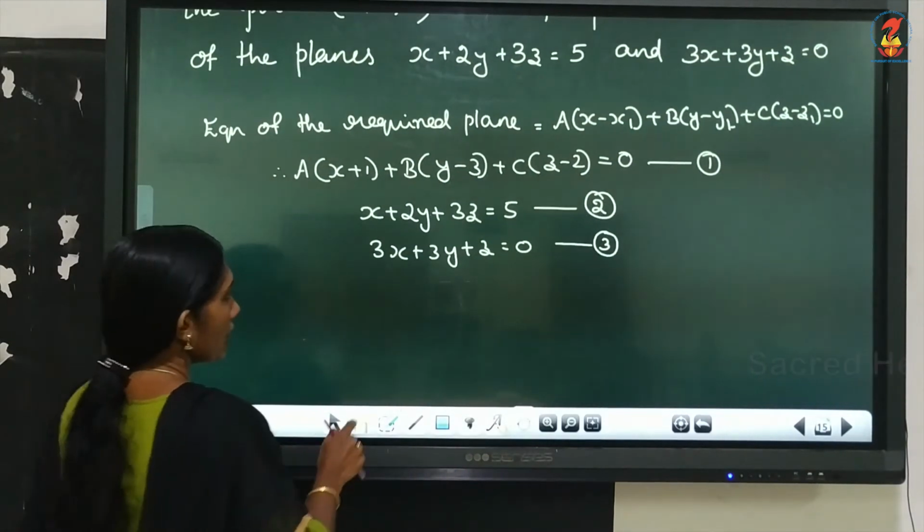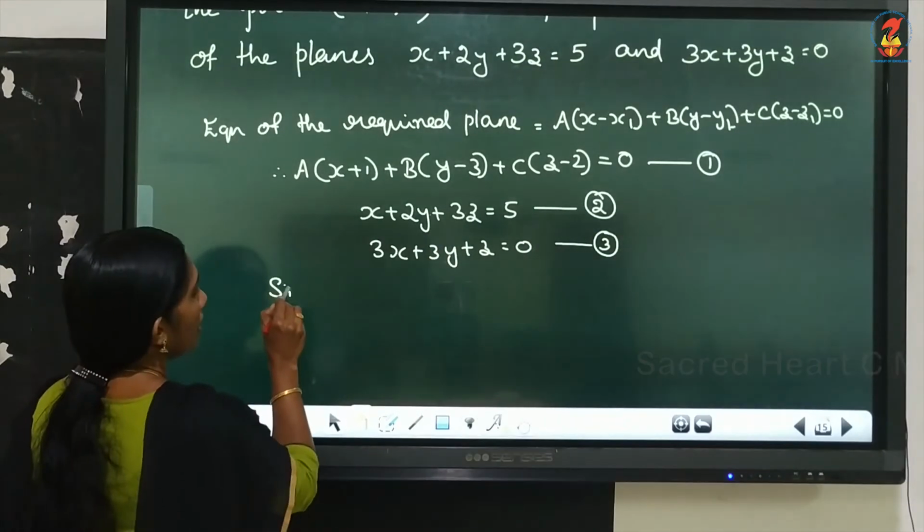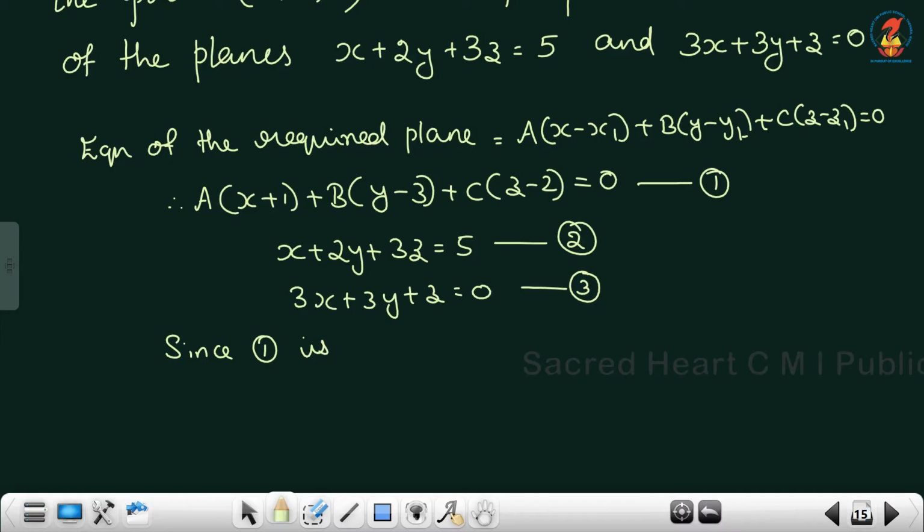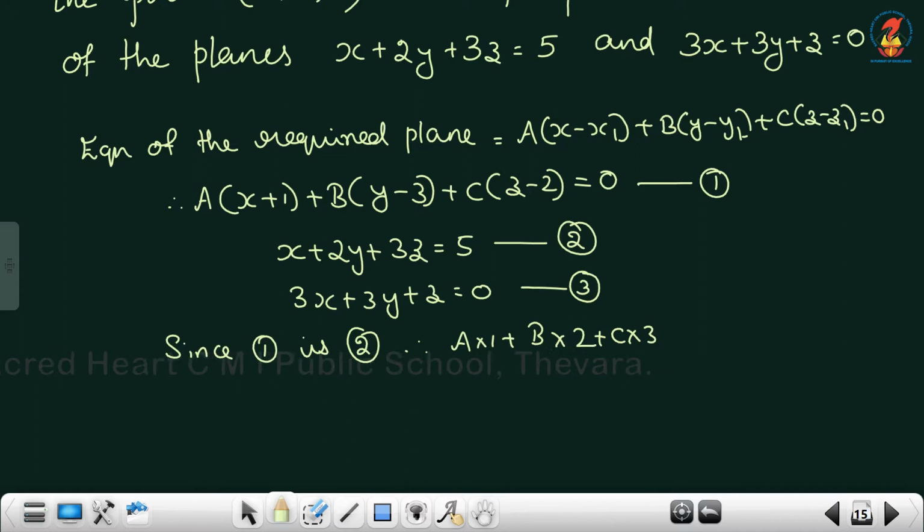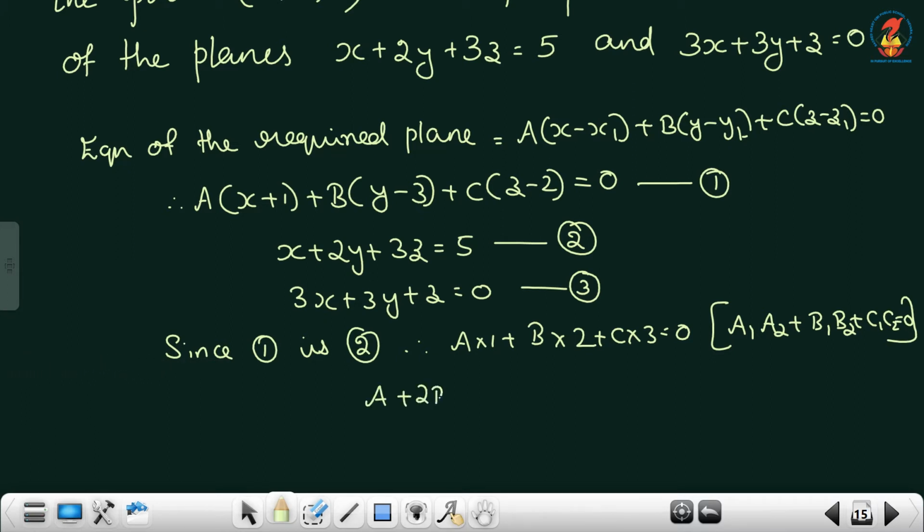So since plane 1 is perpendicular to plane 2, therefore we can write A into 1 plus B into 2 plus C into 3 equal to 0. That is A1, A2 plus B1, B2 plus C1, C2 equal to 0. Or we can write A plus 2B plus 3C is equal to 0.